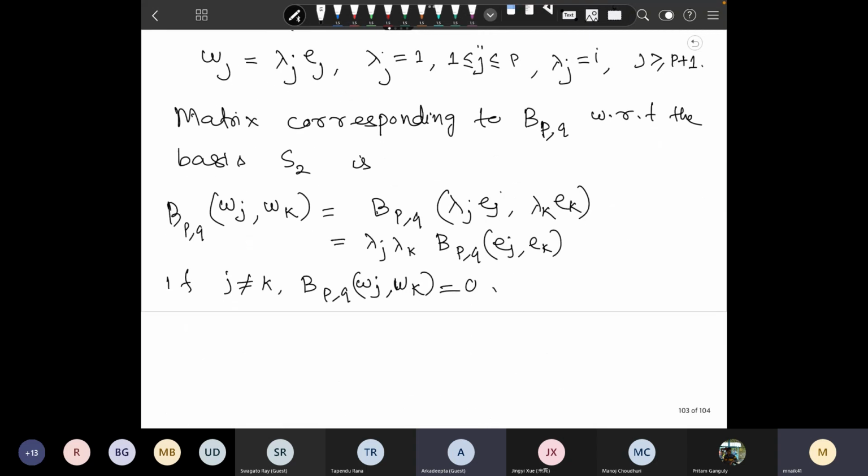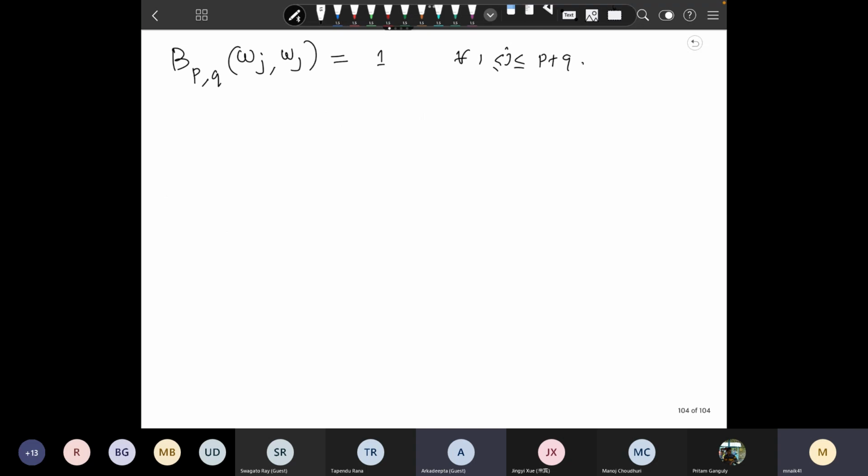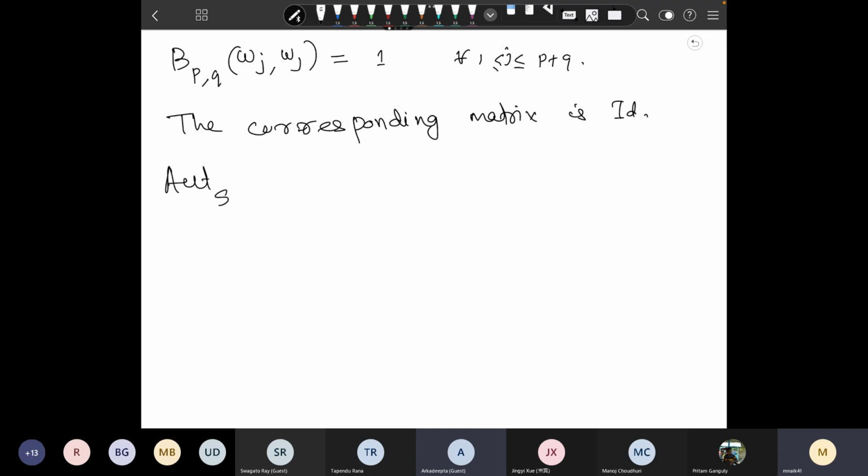So you will get that the corresponding matrix is the identity matrix.